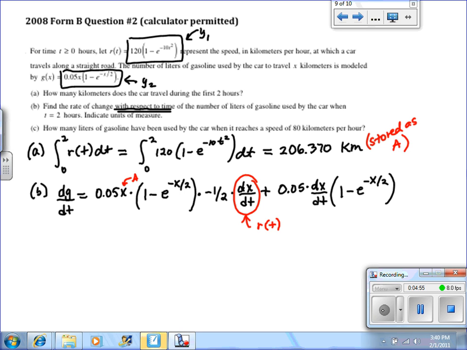We're finding it at that particular x value, so we're finding R of 2, since it's been 2 hours. So we're plugging in R of 2 for each place. I don't know R of 2 off the top of my head, but I have it in Y1, and Y2 from my Y1. So let's go to the table and plug in 2. Y1 is equal to 120.